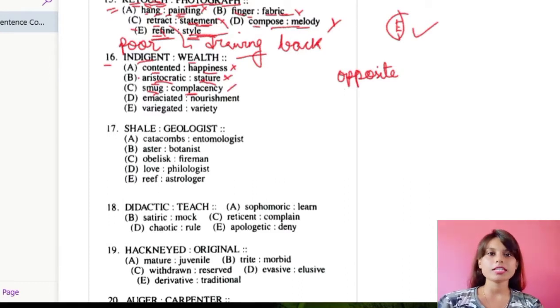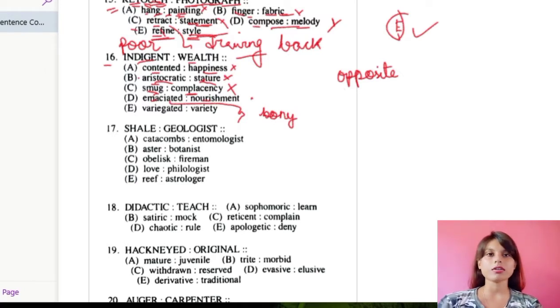Moving over to number D, emaciated and nourishment. Now emaciated means thin, skeleton, bony, you can say. I'm writing down the meaning of emaciated means bony, or you can say skinny or skeleton like. And nourishment means you are getting all the nutrients which are required by your body, all the food, whatever your body or your mind needs.